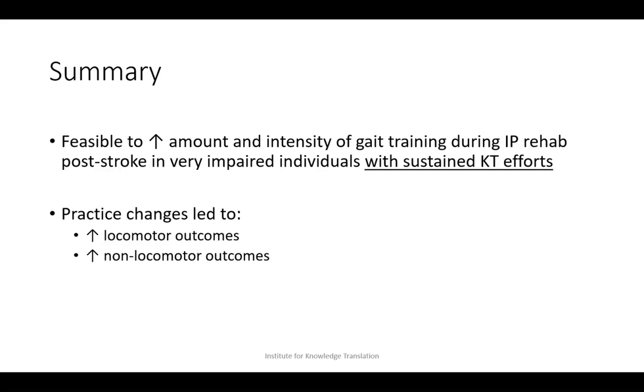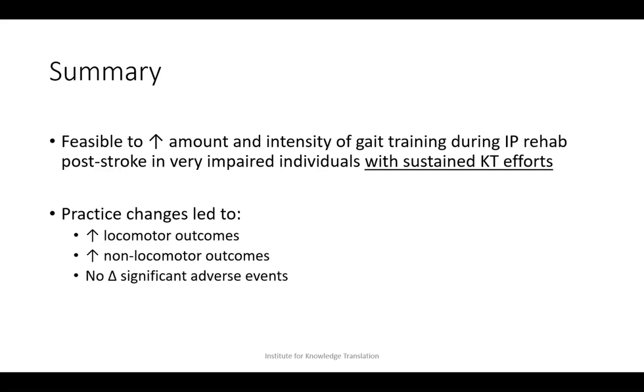The somewhat surprising findings, but ones that have been found before with first Oslo and then in some of the research studies, were that focusing on practicing walking at a high intensity actually not only wasn't detrimental to some of these other aspects of functional mobility that are important to these patients, but actually had positive effects, in particular on transfers.